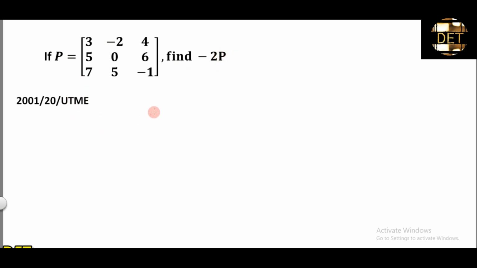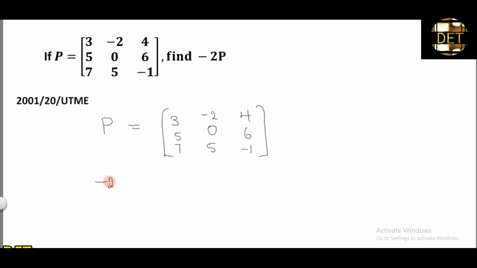All right. So the first thing I would want to do here is that we're given that P is equal to a matrix of 3, 5, 7, minus 2, 0, 5, 4, 6, minus 1. So we're asked to find minus 2P.